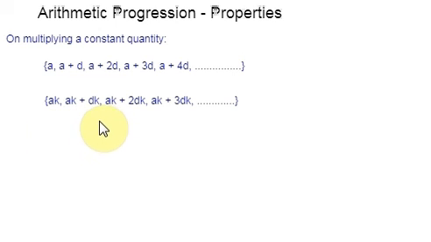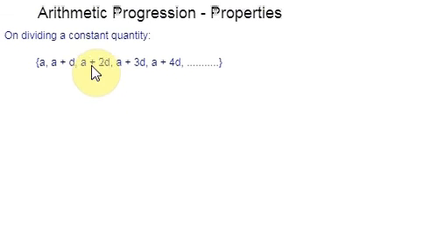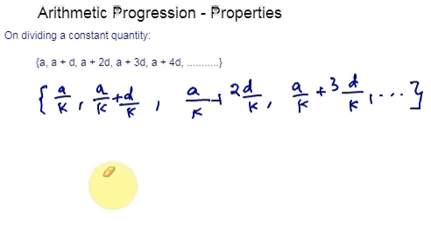Okay, let me show you the same concept by dividing by a constant quantity. Consider the same arithmetic progression a, a plus d, a plus 2d. If each term of this arithmetic progression is divided by a non-zero constant quantity k, which is not equal to 0, then we will get this resulting sequence. The first term is a over k.